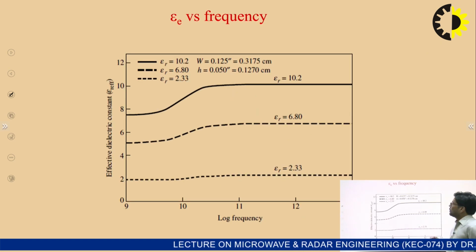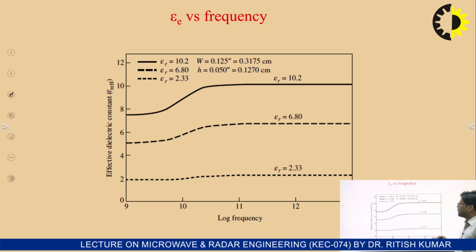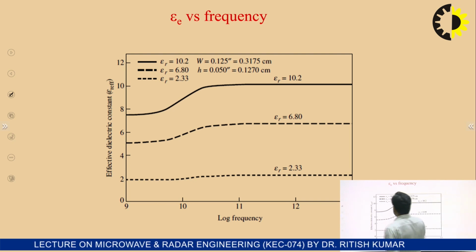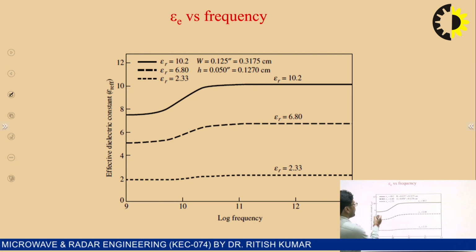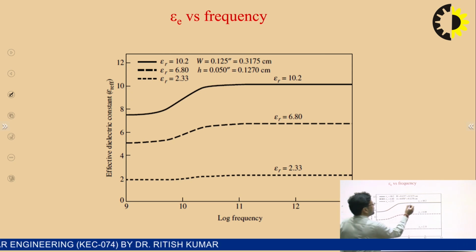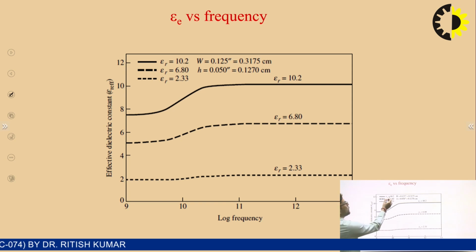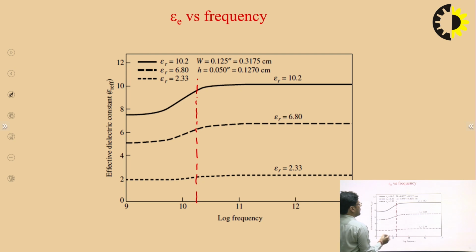This is a variation of effective dielectric constant versus frequency. As you can see, as you increase the frequency and move towards higher frequency, the effective permittivity will become equal to the relative permittivity of the medium. As you can see, for the 10.2, below this frequency, it has variation from effective relative permittivity to relative permittivity of the medium.